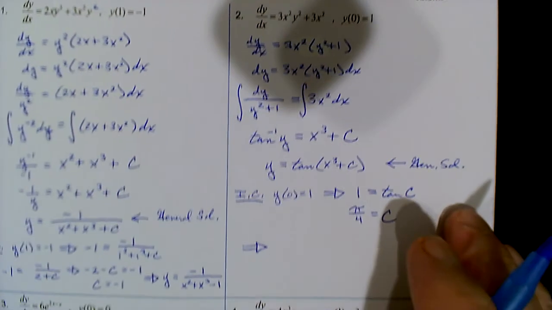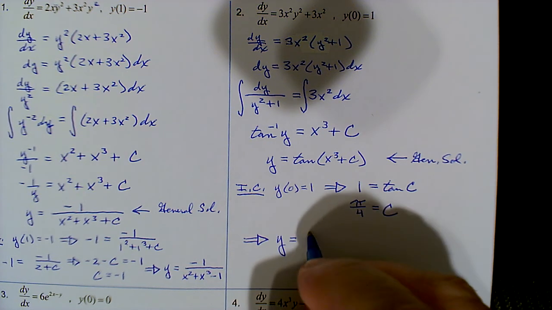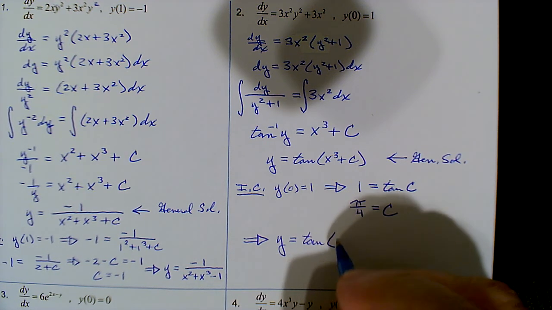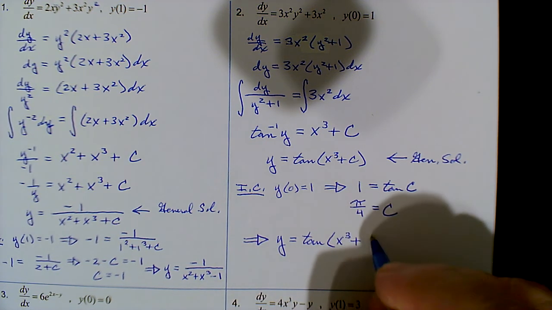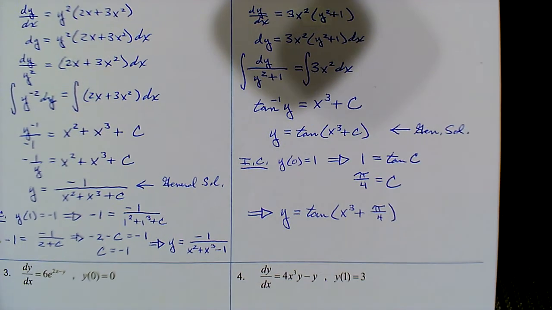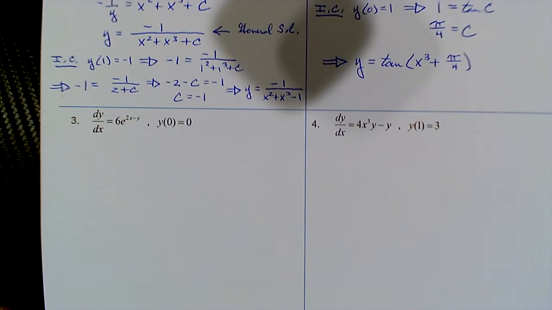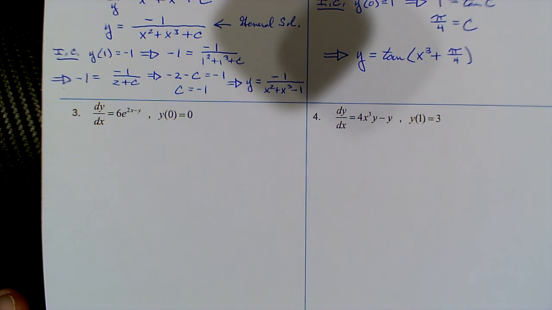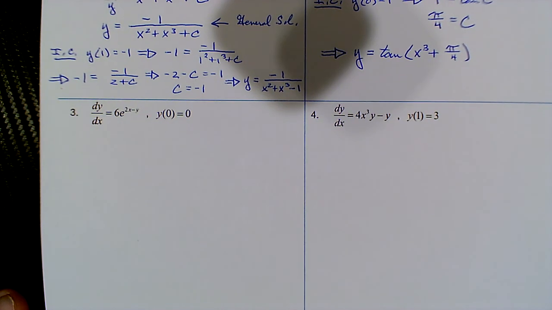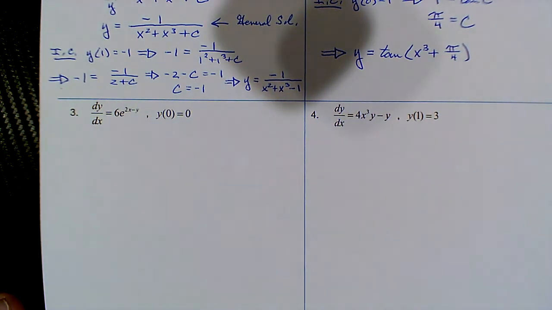So the trick is this e to the 2x minus y, I'm going to break up to be the product of e to the 2x times e to the minus y. Because multiplying common bases, we would add the exponents.